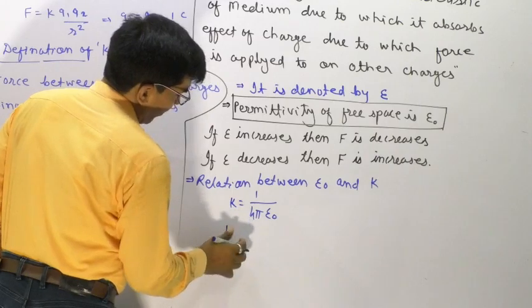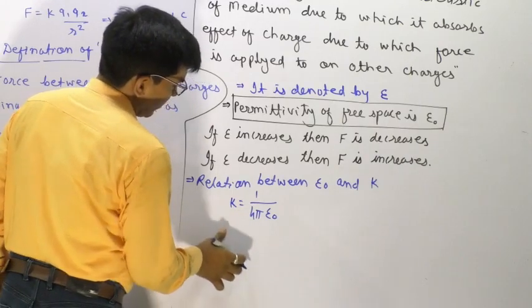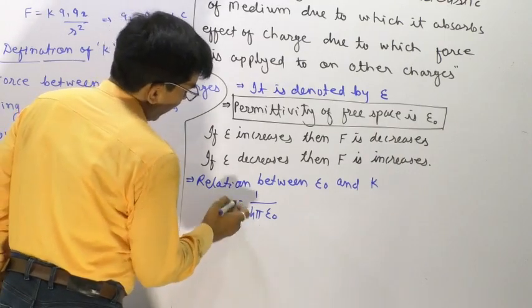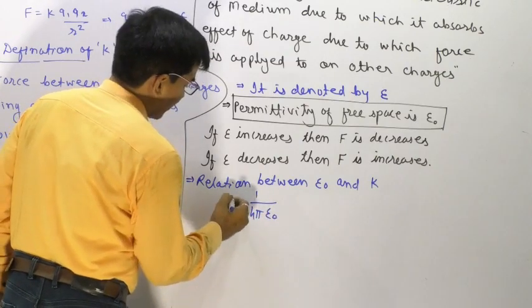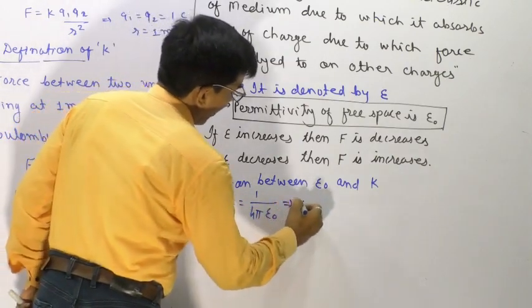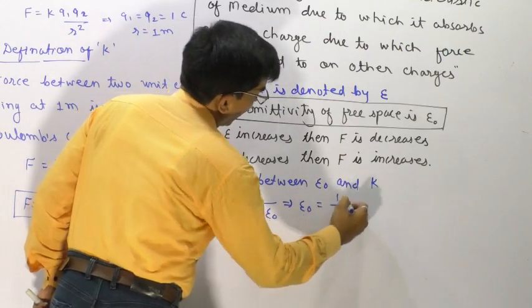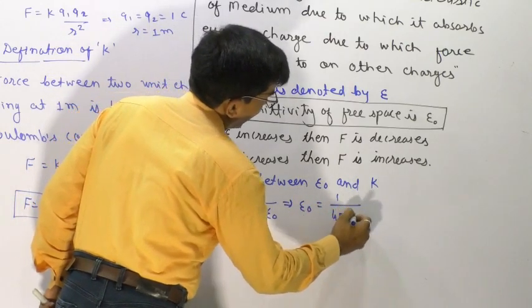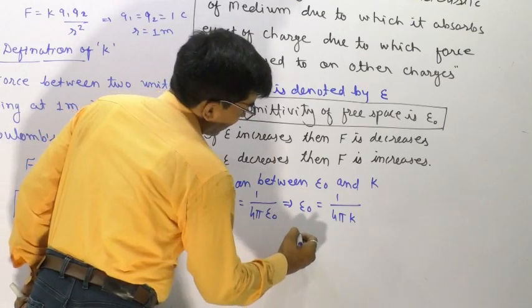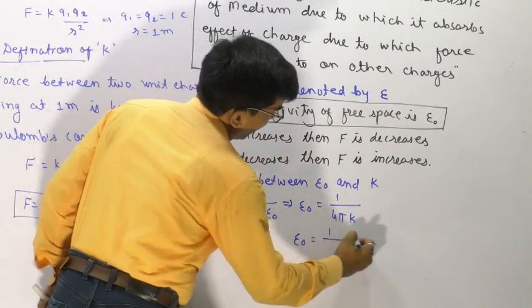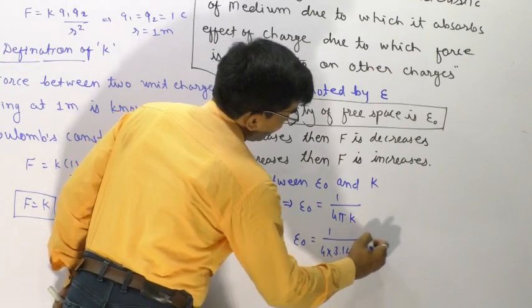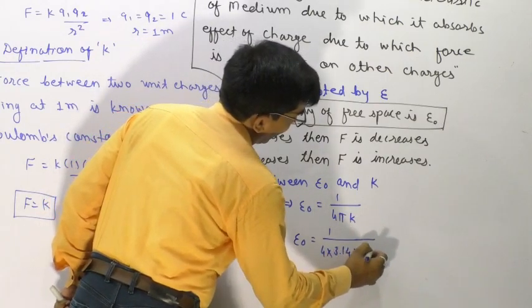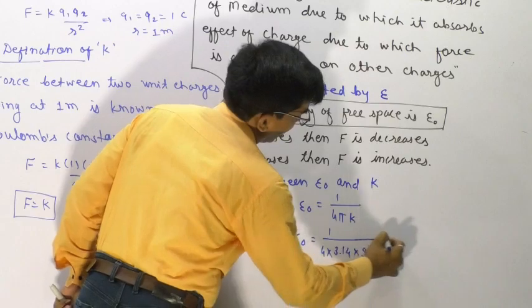What would be the value of epsilon naught? Epsilon naught would be 1 upon 4 pi K. So epsilon naught is 1 upon 4, pi's value 3.14, and K is 9 into 10 to the power 9.